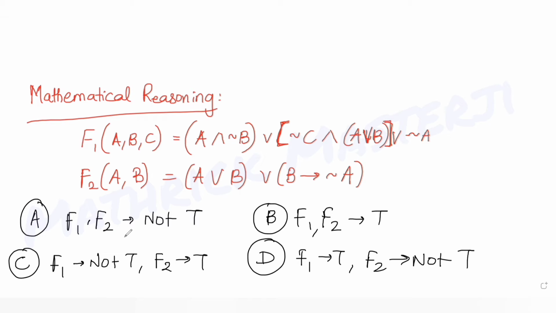So let's figure out which one of the answer choices for these two statements F1 and F2 is the correct answer. Let's solve this. If I form the truth table for the first statement F1, which consists of three expressions A, B, and C, I write down all the possibilities.